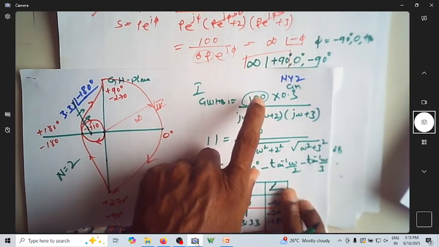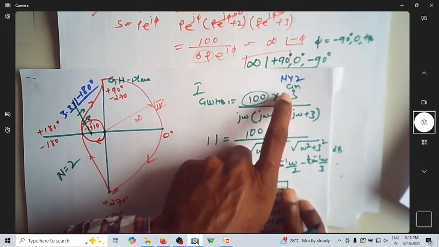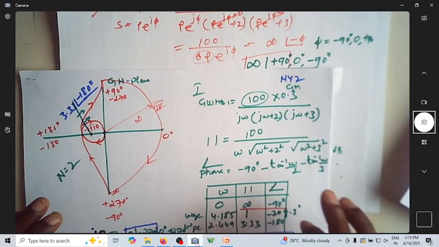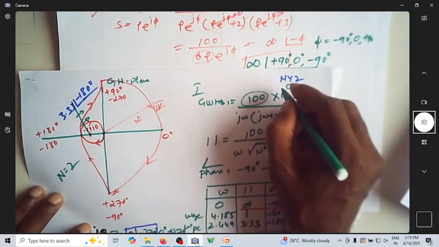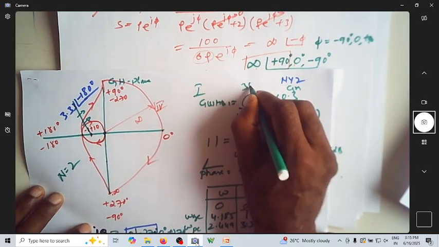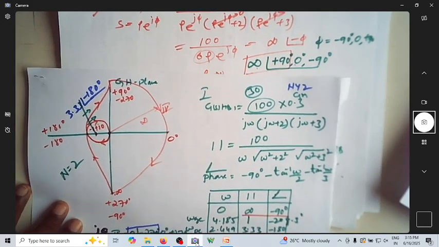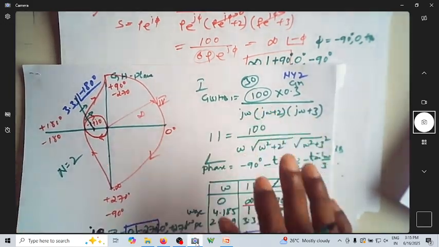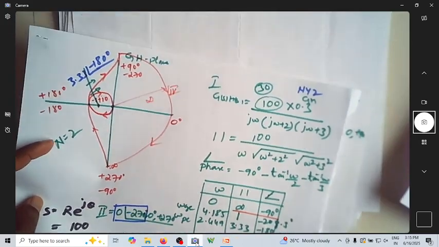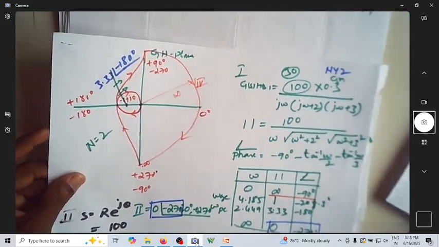If you multiply the gain by the gain margin, then the system starts oscillating. That is, when the gain of the system, sorry, when this 100 becomes 30, then the system is oscillating. It will not be unstable, it will be oscillating. That's the significance of this gain margin.